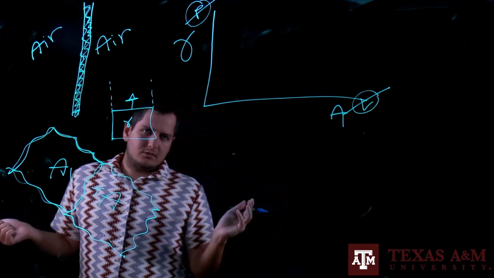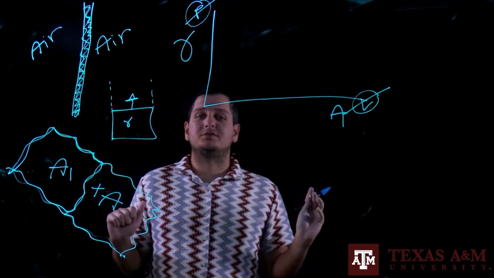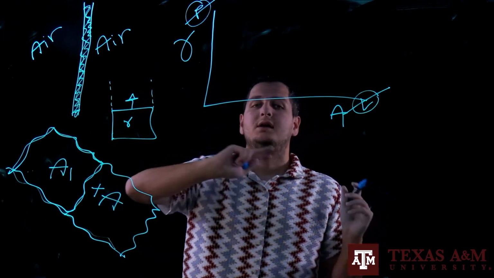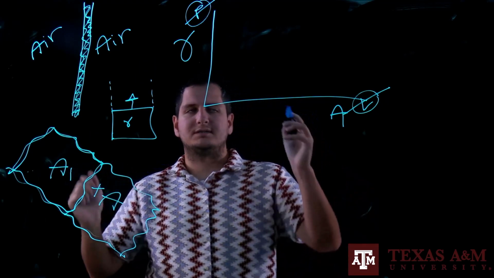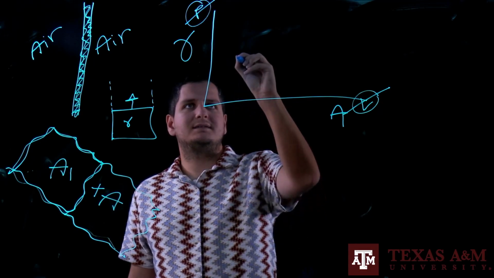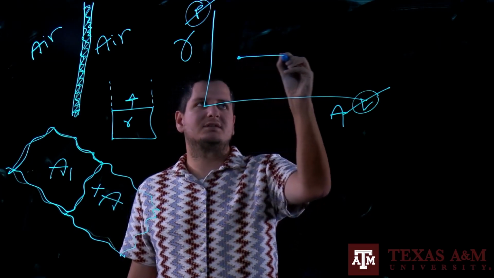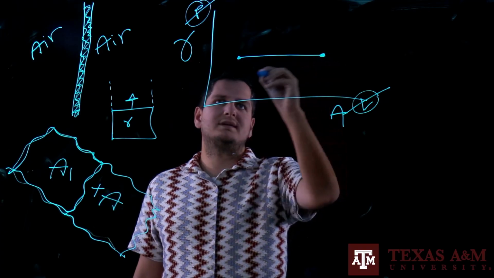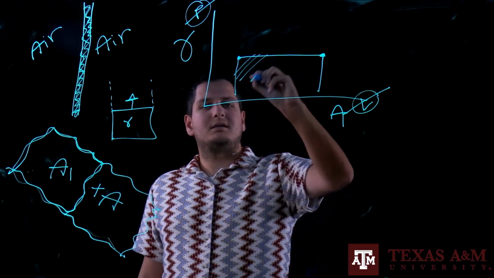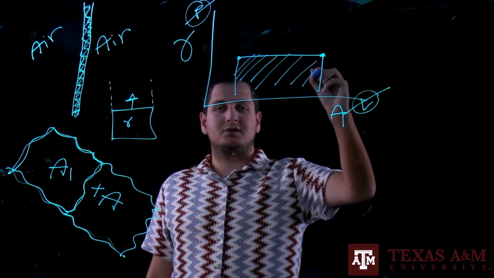It's important to know that in this case, we're just going to assume that surface tension does not vary in any way with area, so it's constant. So if surface tension is constant, we expand the area, then it's just the area under this curve.